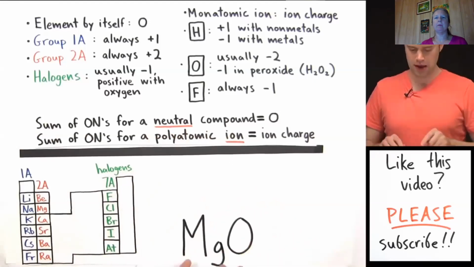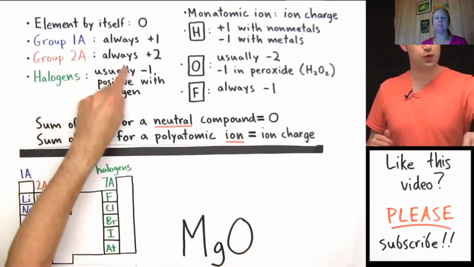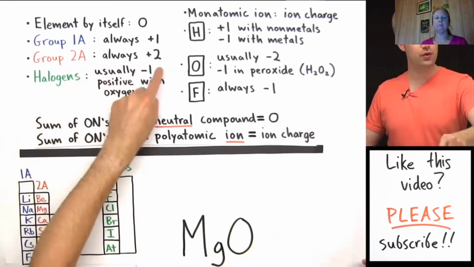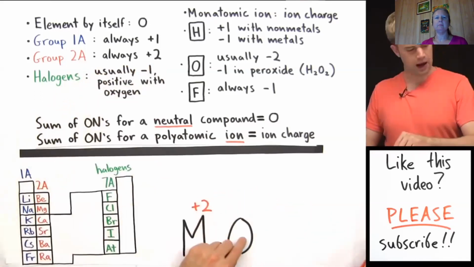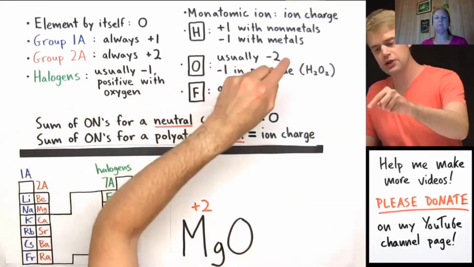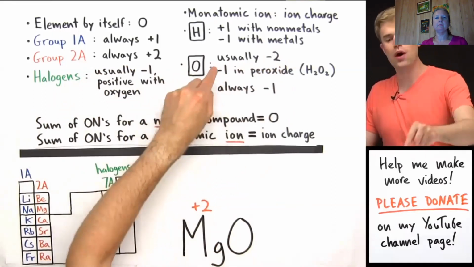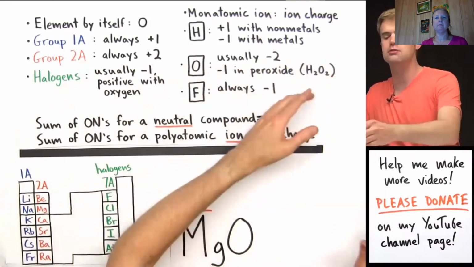MgO. Mg is in this column in the periodic table, group 2A. And group 2A elements are always plus 2. So there's that. Oxygen here, we have a rule for oxygen. It is usually minus 2. It is minus 1 in peroxide. H2O2, hydrogen peroxide, is the most common peroxide.